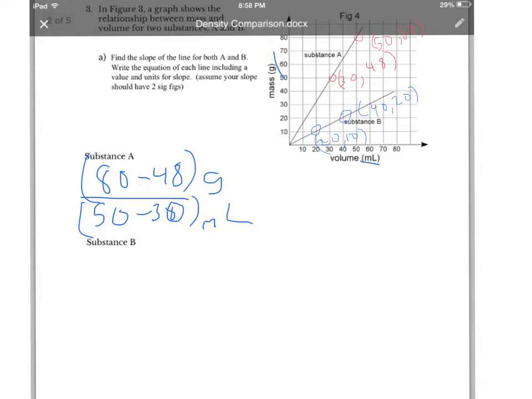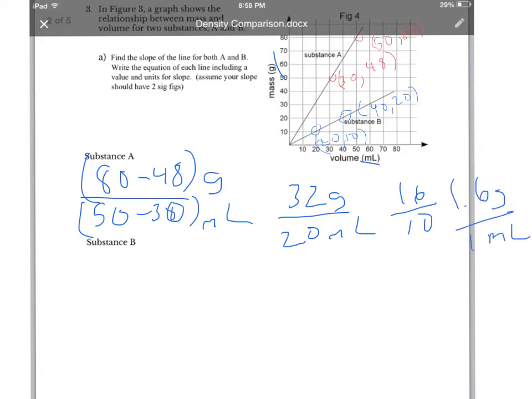So 80 minus 48 is 32 divided by 20, so 32 grams for 20 milliliters. This is about a 3/2 or 16/10, right? Which is 1.6 grams for every 1 milliliter. And that one was for the red one, actually, up here.